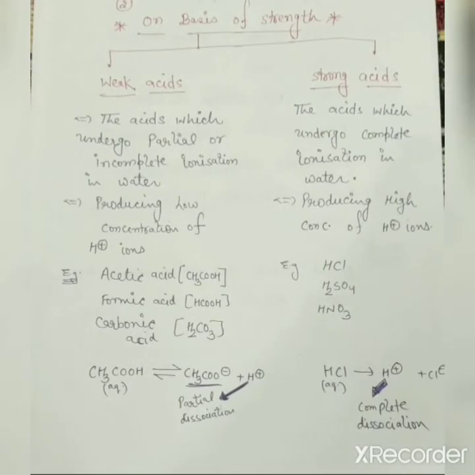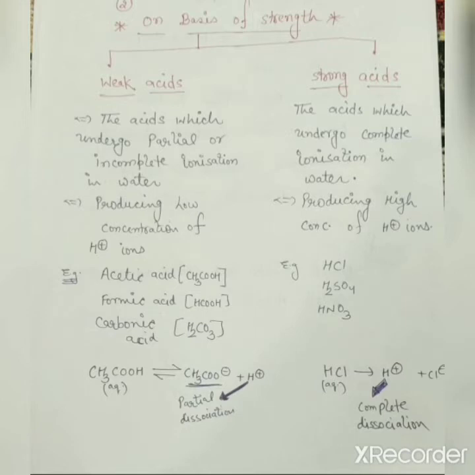Now we'll talk about the acids on the basis of strength. So on the basis of strength, the acids are classified into two types: weak acids and strong acids. Let's talk about strong acids. The acids which undergo complete ionization in water.